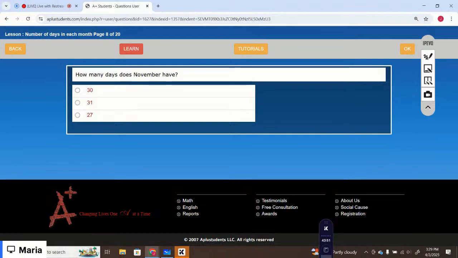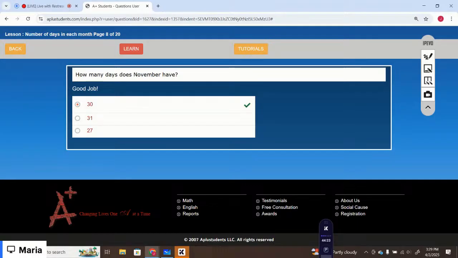How many days does November have? November has 30 days. Option number one is the correct option.